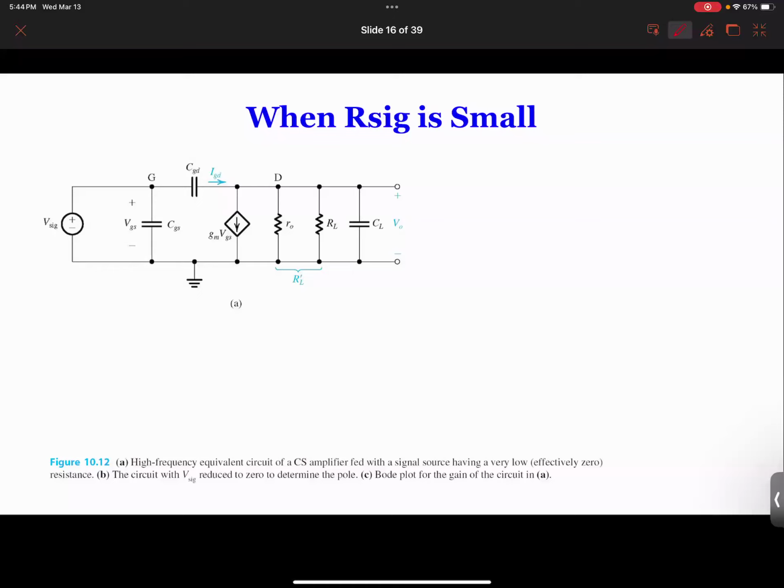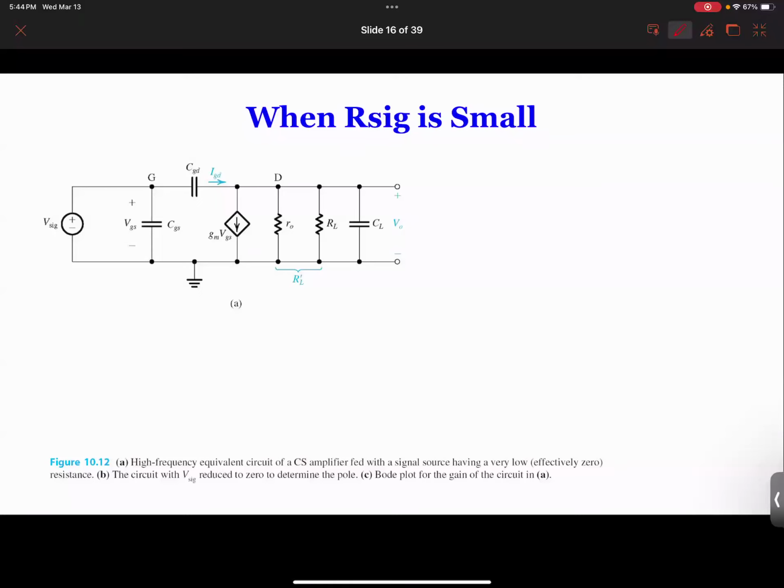So when RSIG is so small that you can neglect it, the whole thing becomes a little different. In the book, they did add a CL at the output, representing some sort of output capacitance, but don't pay attention to that. It doesn't really matter. So we can do the same thing, combine RO and RL and so on. But the input, see, VSIG has no resistance.